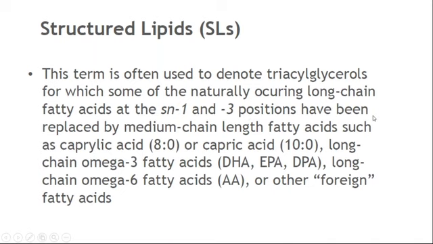And so in a structured lipid, you can replace the long chain fatty acids at the SN1 and SN3 with medium chain fatty acids such as caprylic acid or capric acid, or you can replace them with the omega-3 fatty acids, that is DHA, EPA, and DPA, or with the omega-6. So that is a structured lipid.